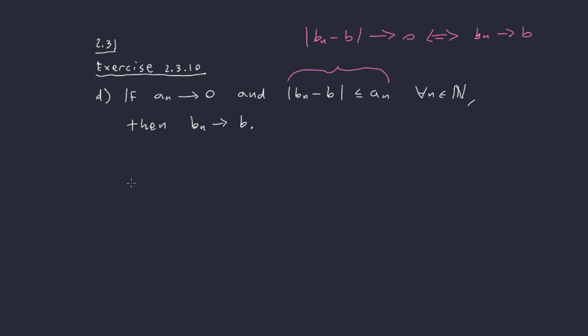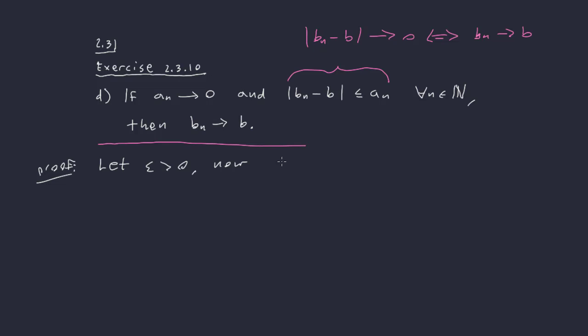Okay, so proving this is actually not that tricky, honestly, right? So I'm going to let epsilon be greater than 0. Let me write my proof statement here. I'm going to let epsilon be greater than 0.